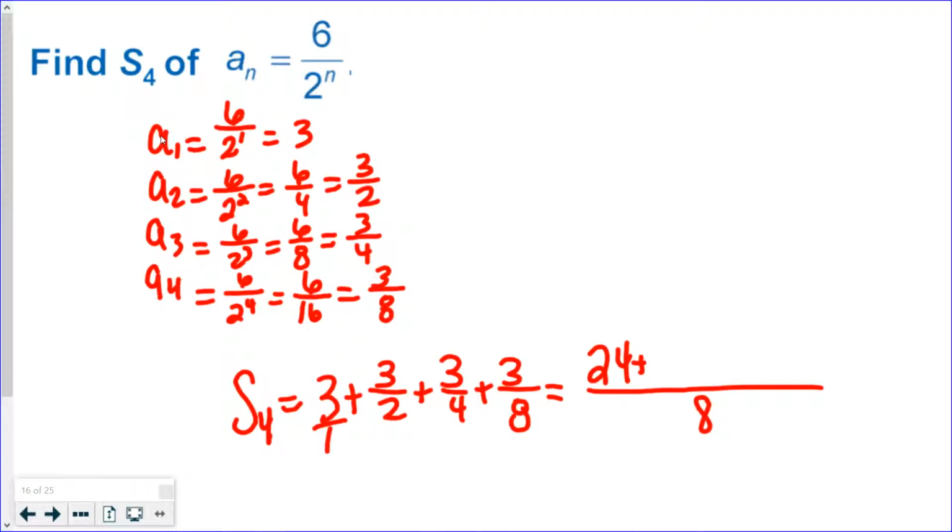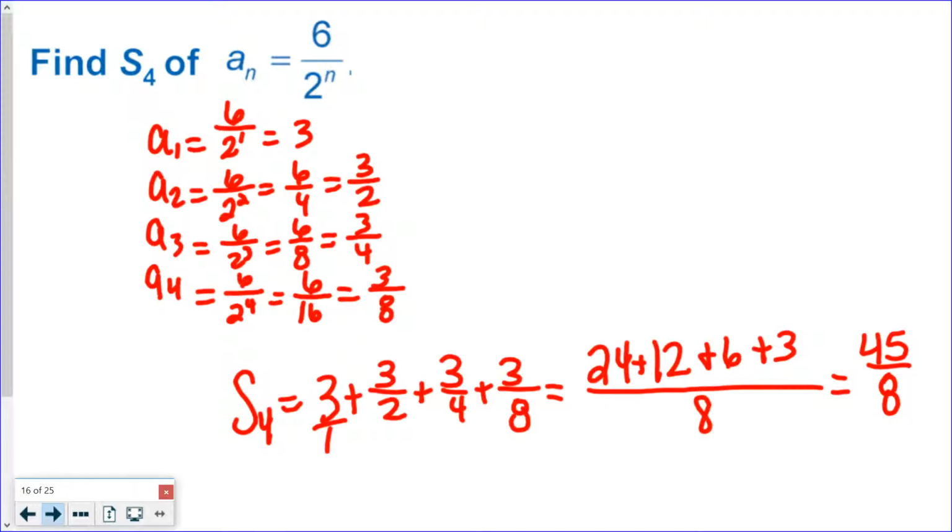This had a 2. 2 times 4 gives me 8, so 3 times 4 gives me 12. 4 times 2 gives me 8, so 3 times 2 gives me 6. And this is already 8, so I don't change the numerator. If we add all of those guys together, we get 45 eighths. So the fourth partial sum of this sequence is 45 eighths.